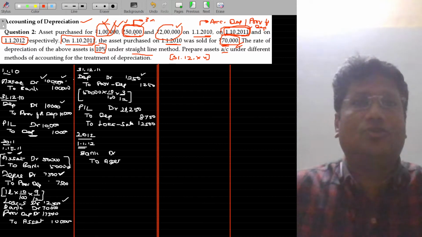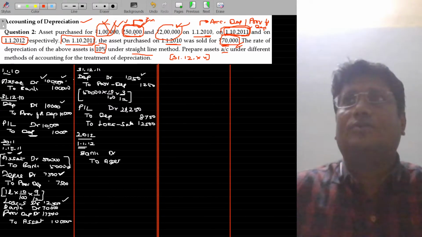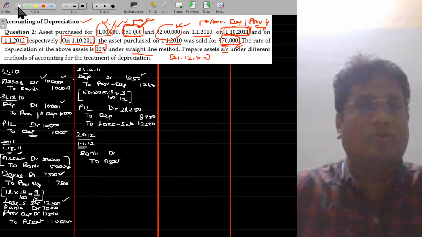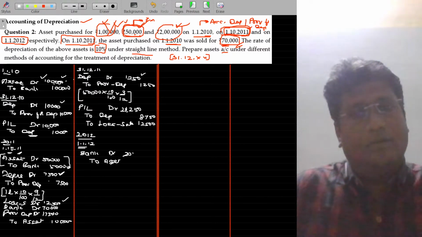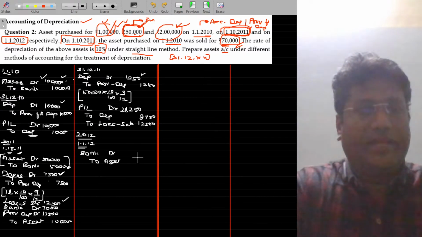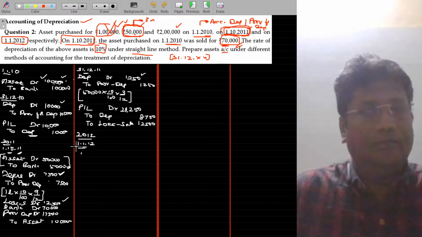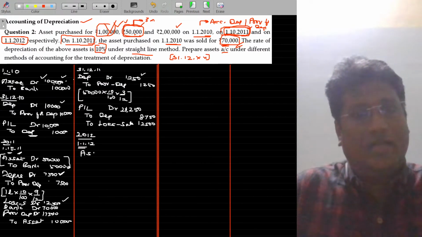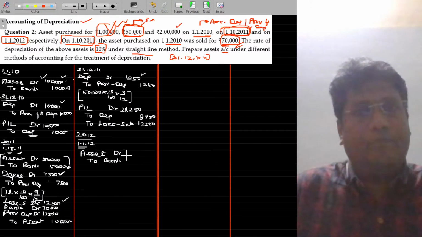First asset purchased in 2010, second asset purchased in 2011, third asset purchased in 2012 in the beginning itself. So value being 2 lakhs. Oh, okay, sorry. Asset account debit to bank. This value here being 2 lakhs.